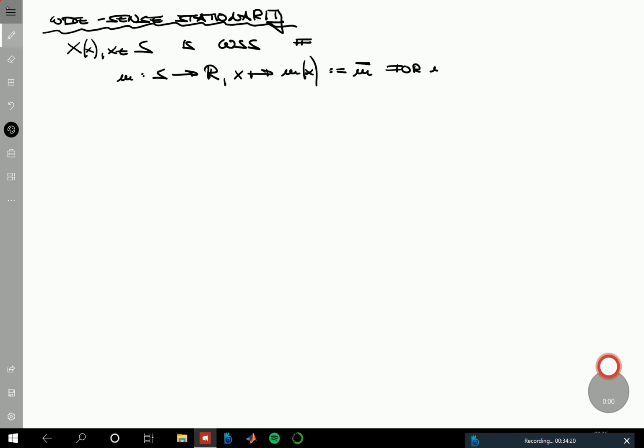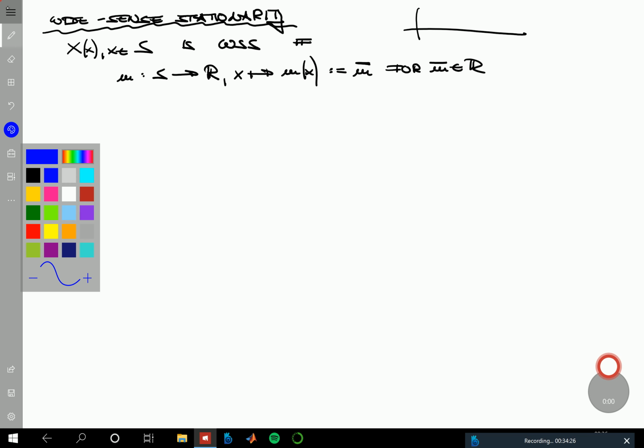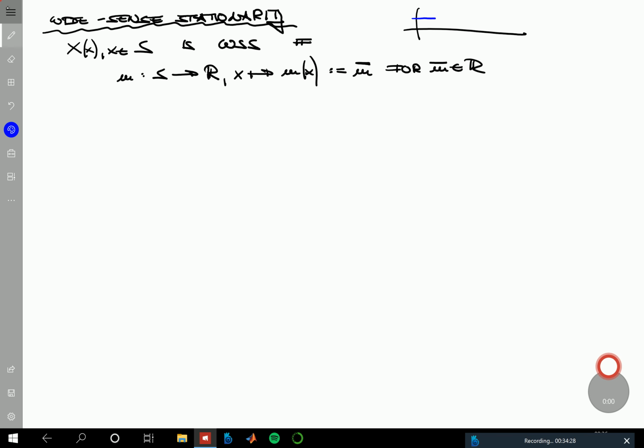For a constant mu bar being a real number, which means in 1D, of course, that the mean function is just constant, like this. And of course, we already established that we are mainly interested in the case that the mean function is actually 0, because that corresponds to our null hypothesis, that there is no activation at all.